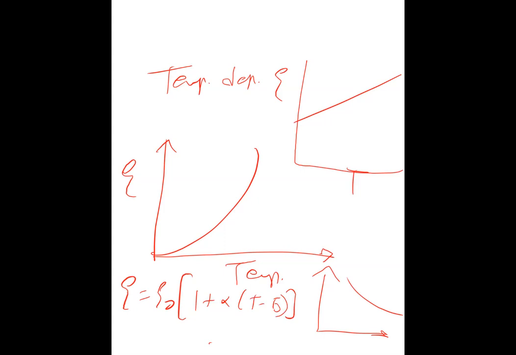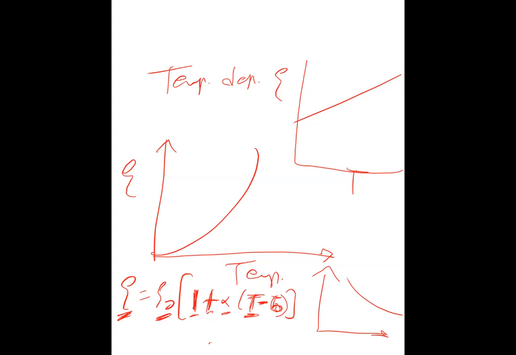T is the temperature, T naught is the reference temperature, rho naught is the reference resistivity, and rho is the resistivity at temperature T. The alpha value depends on which material you have; different materials have different alpha values. T is the temperature at which you want the resistivity, and T naught is the reference temperature. This formula you have to remember; it is applicable for metals.